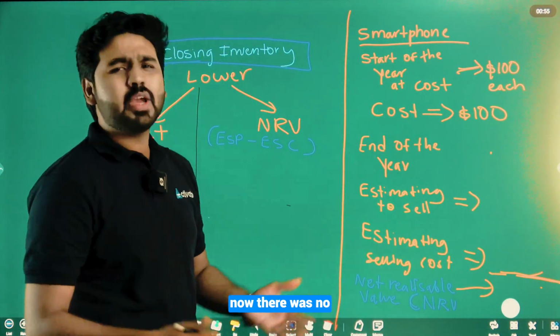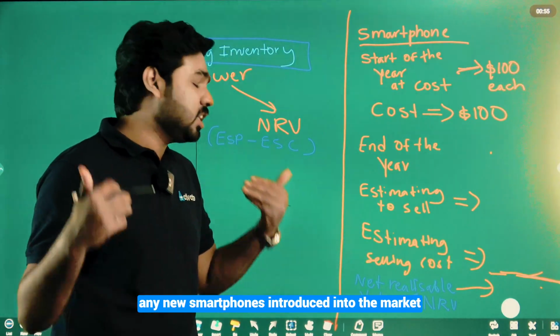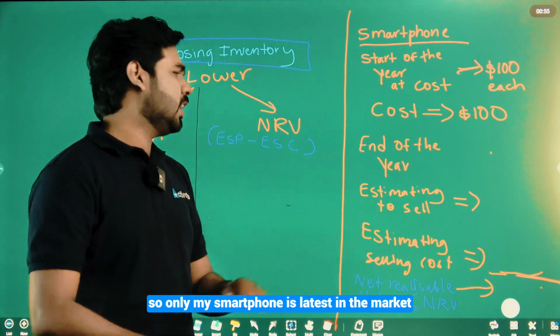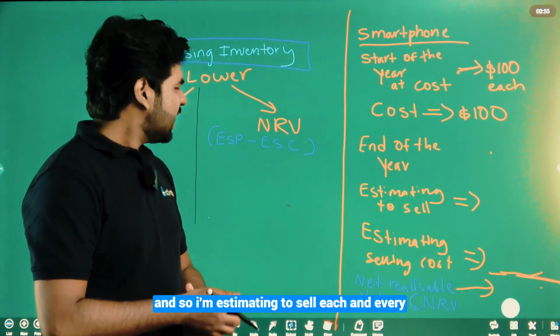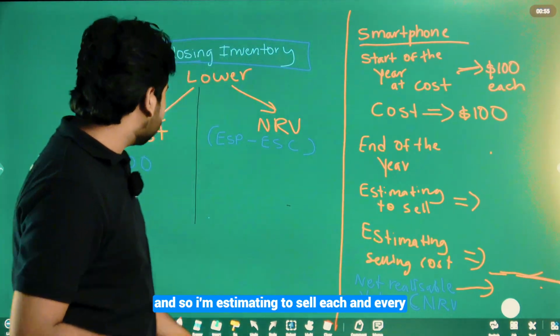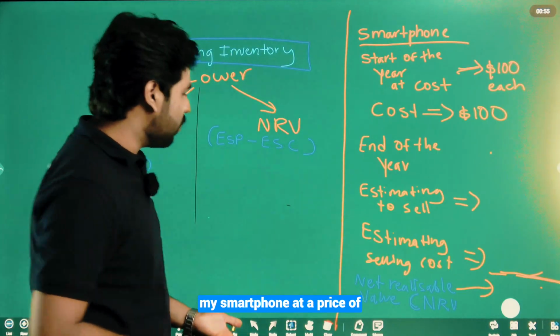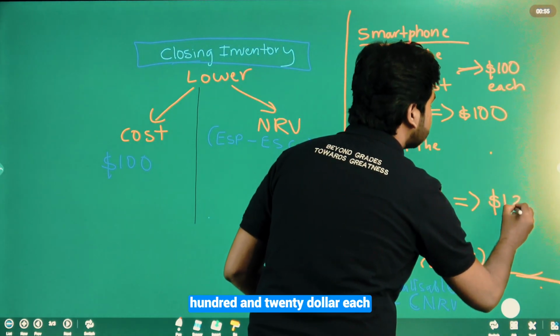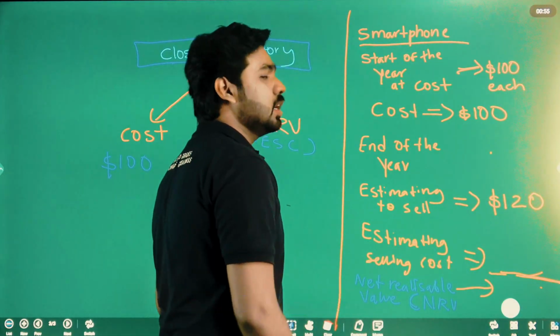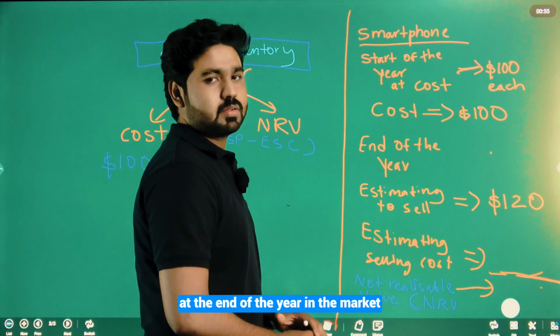Now there were no new smartphones introduced into the market. So only my smartphone is the latest in the market, even at the end of the year. And so I'm estimating to sell each and every one of my smartphones at a price of $120 each at the end of the year in the market.